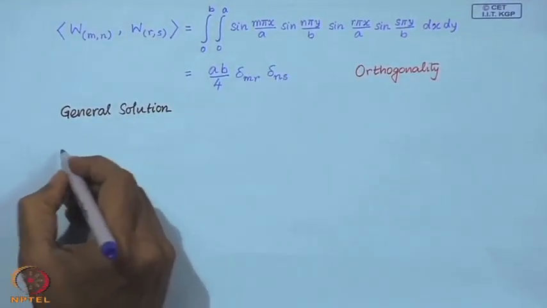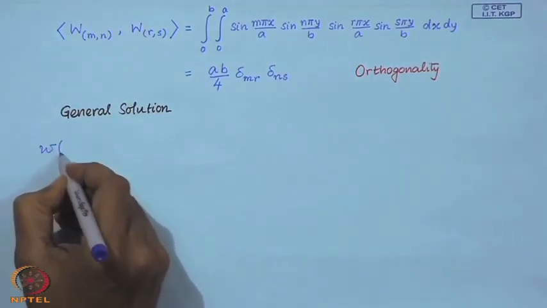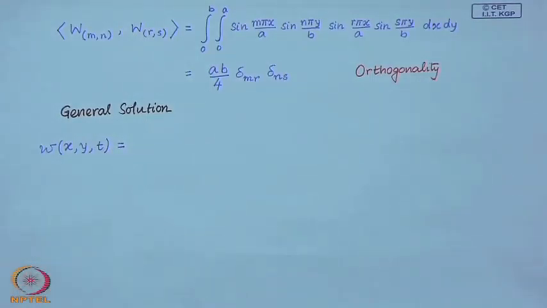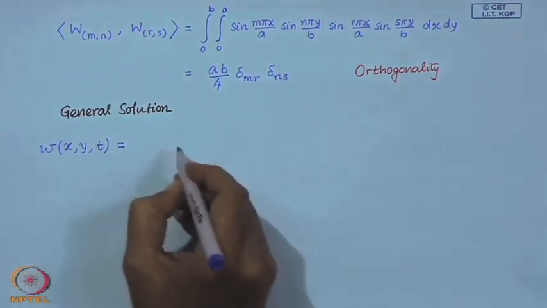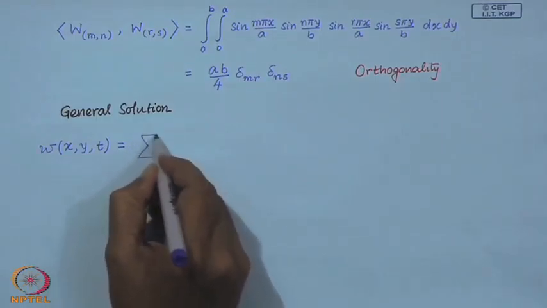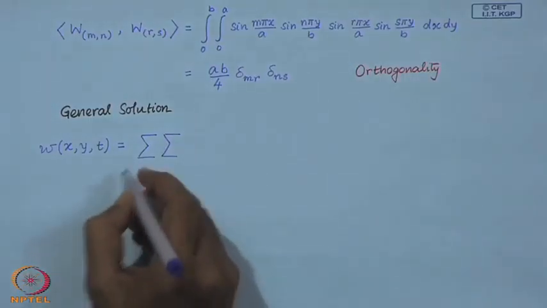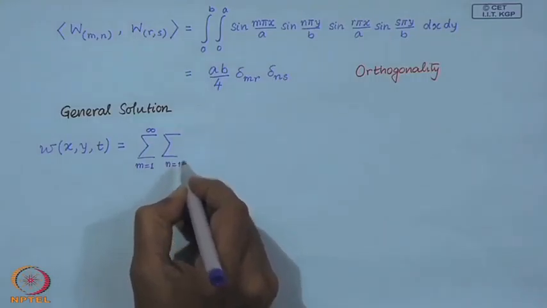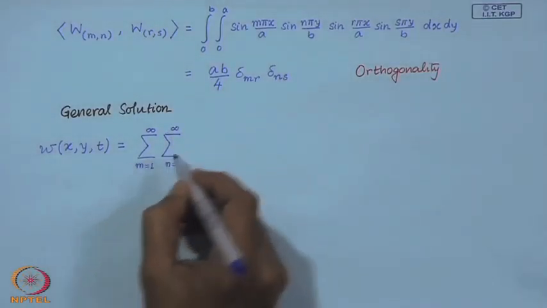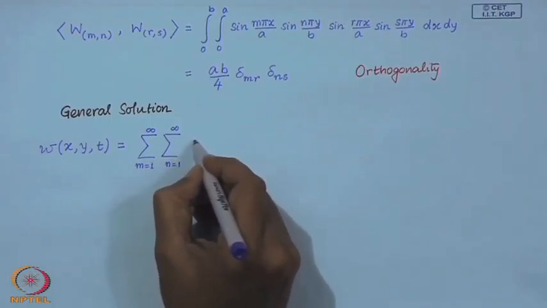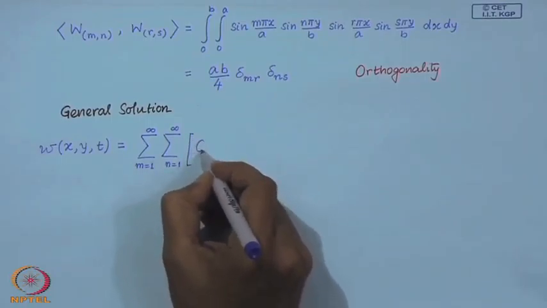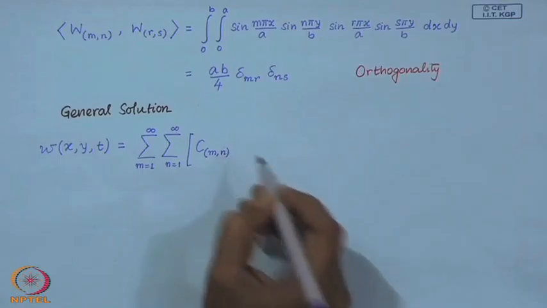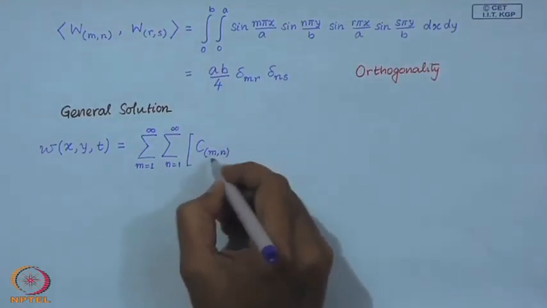So the general motion of the membrane may be written as the summation over, now all these constants that I introduce, we have these indices m, n.